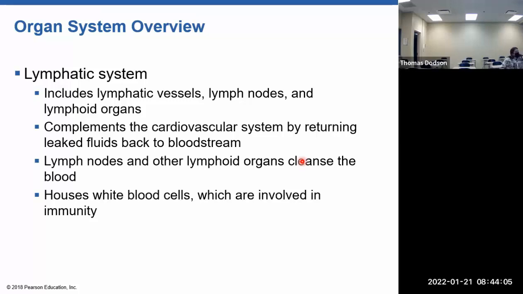Lymph nodes are about identifying pathogens. So sometimes your bloodstream will pick up pathogens and the lymphatic system will then take it from the bloodstream to an organ, a lymphoid organ or a lymph node. And the whole purpose of that is to identify. So the lymph nodes will keep records, if you want to think of it as records, cells that can identify things you've already been attacked with.